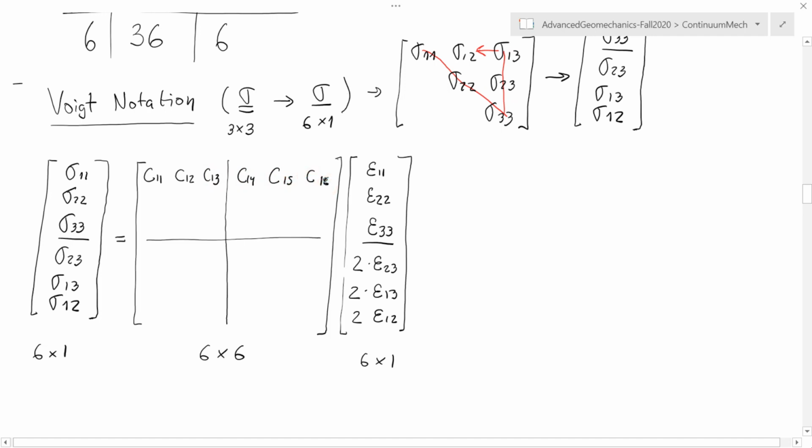And when you continue with the different rows, it's going to look like C21 and so on. I'm not going to write everything, but I guess you get more or less what you should expect. For example, here is going to be C61, C62, and so on. And this one is going to be C66.